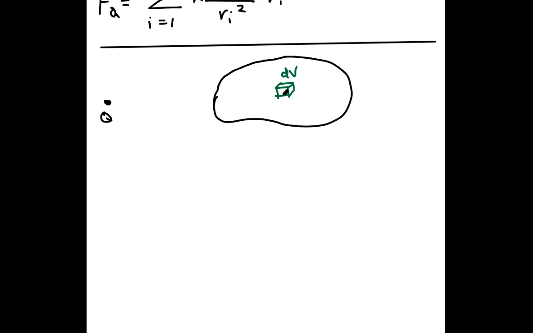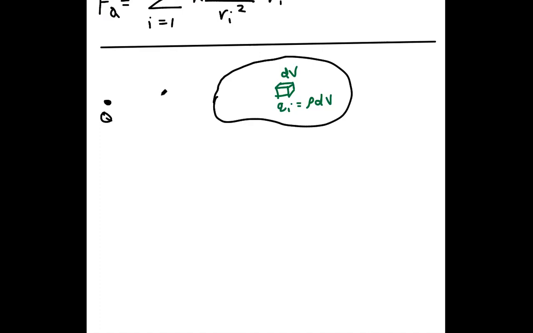And we know that the charge of each of these little tiny bodies, Qi, is equal to the charge density times the little tiny dV volume. So we can chop up this body into an infinite number of charges with a volume of dV. And we can sum up the total contributions of each of these little tiny dVs, and arrive at the net force on Q as a result of all of them together.